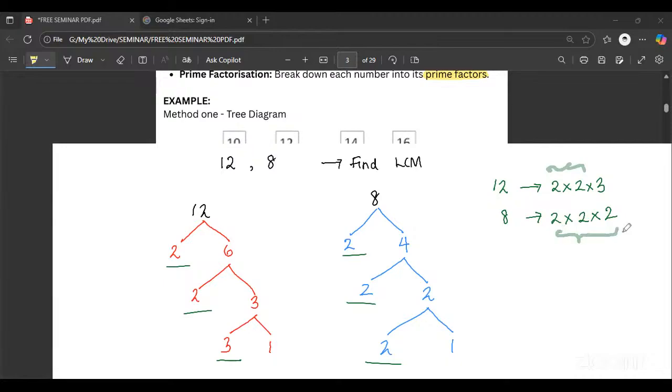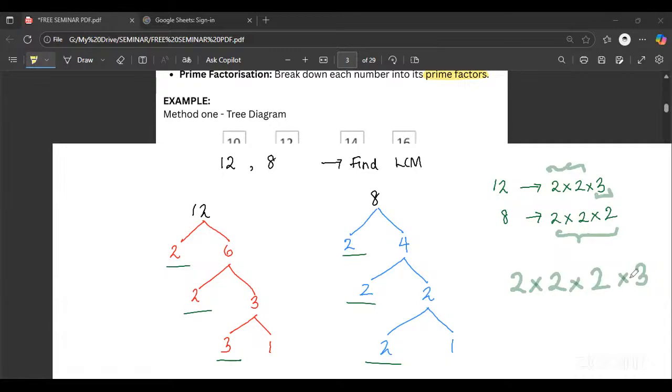Do you agree? Take the highest amount, which means between 2 and 3, 3 is higher. So you take all three twos here, 2 into 2 into 2, and you also take the 3 here.